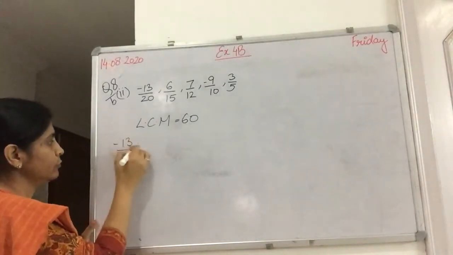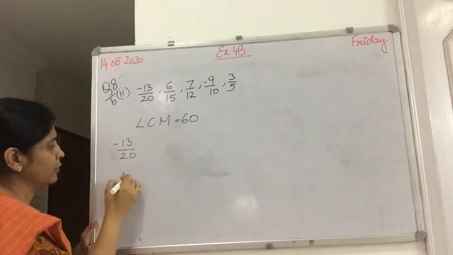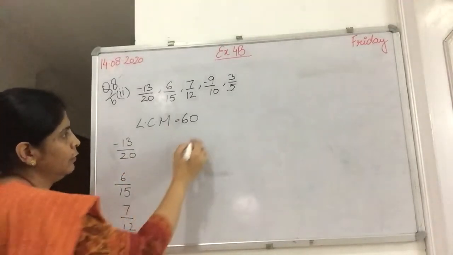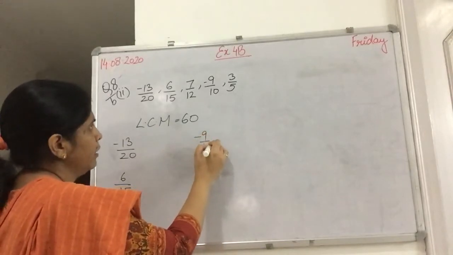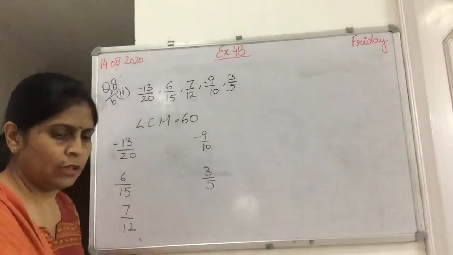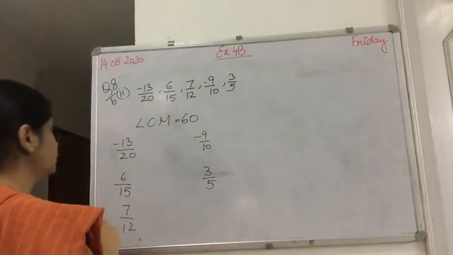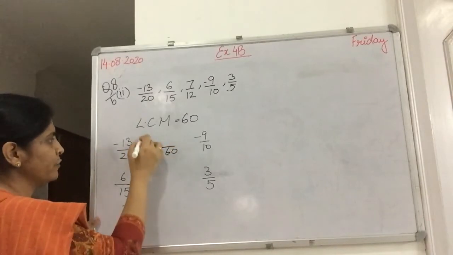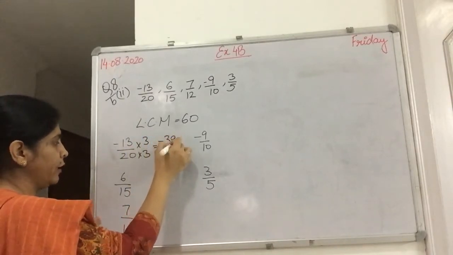Now we make equivalent fractions. Then minus 9 by 10 and 3 by 5. How much do we multiply to make 60? That is 3 times. So minus 39.